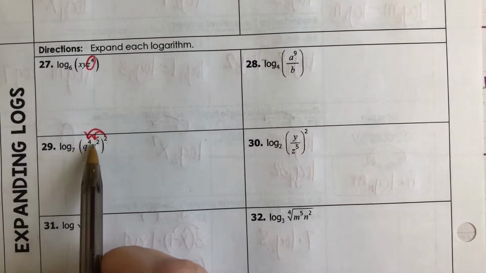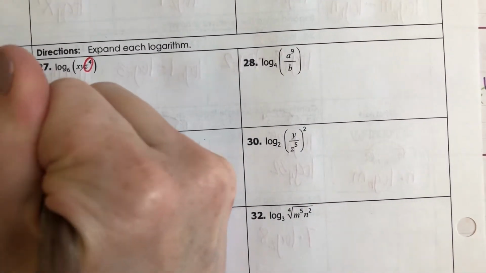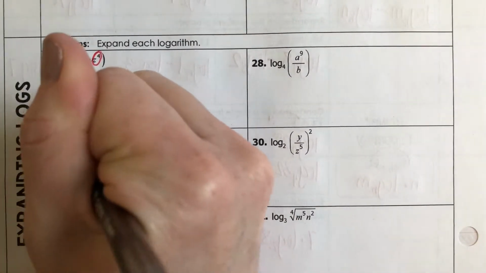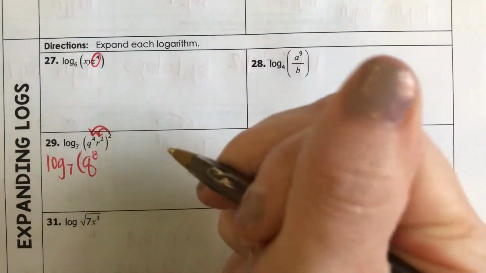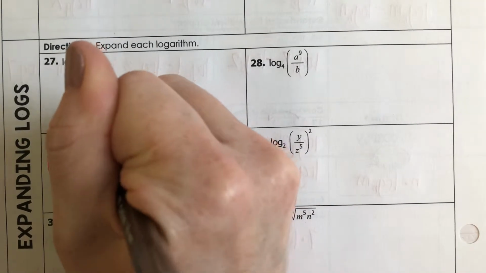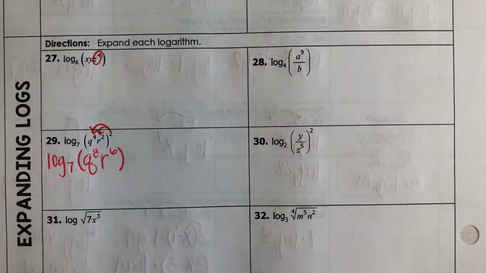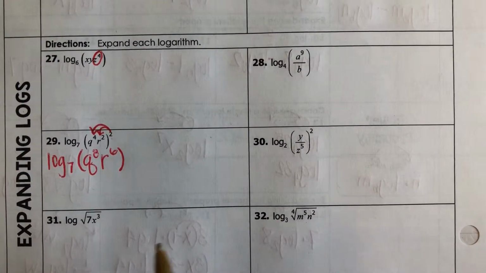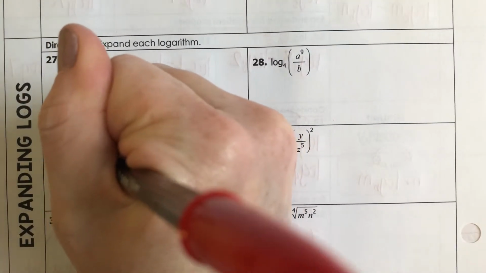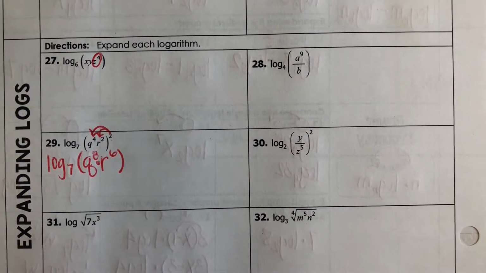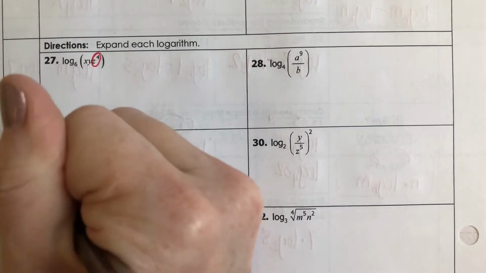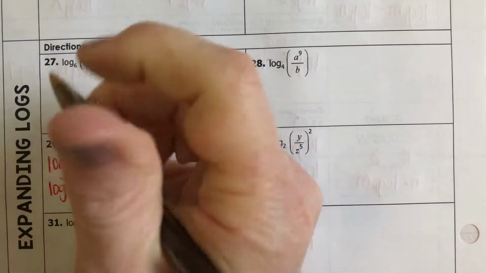When I raise a power to a power, I multiply. So this would be log base 7 of q to the 8th power and r to the 6th power. Okay? The q and the r are being multiplied by each other. So I'm going to break those apart.